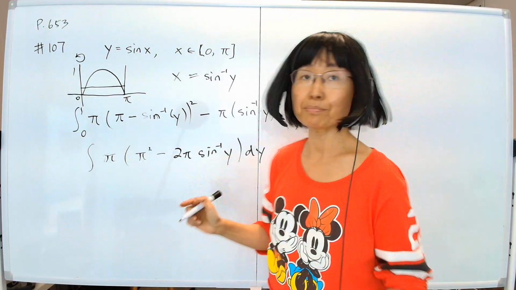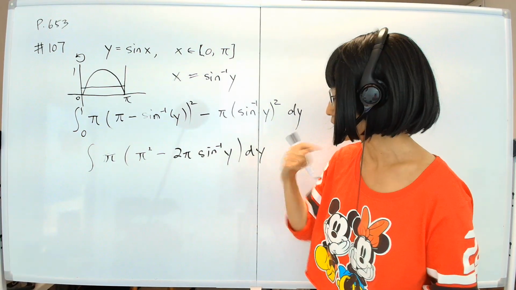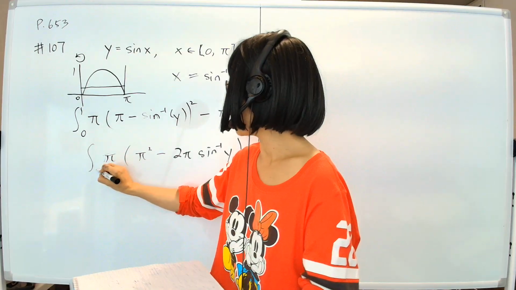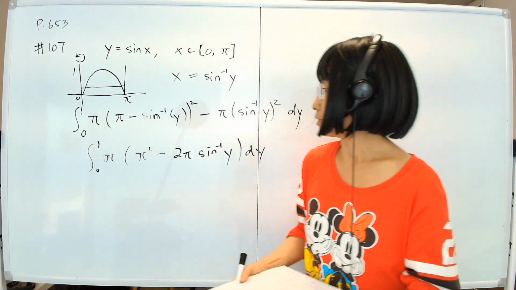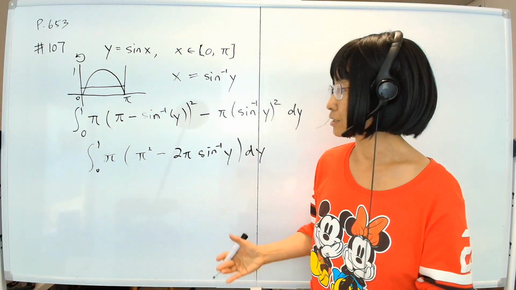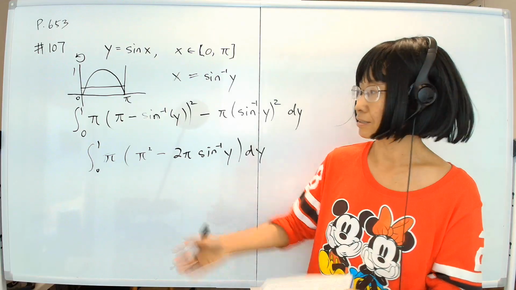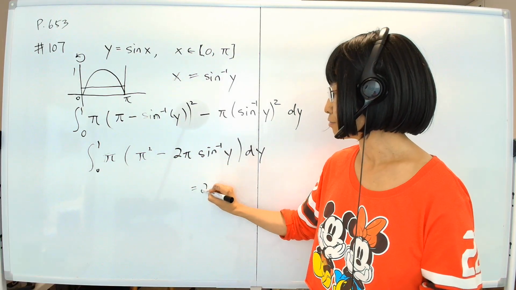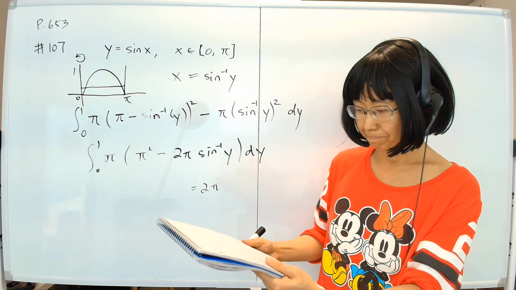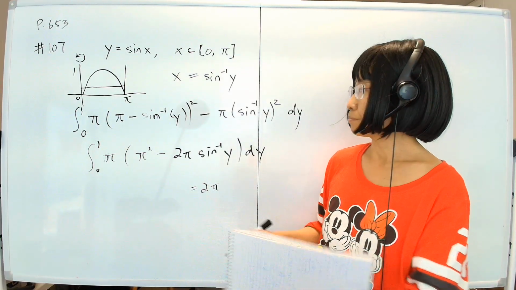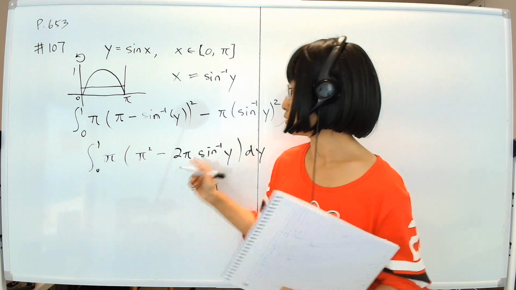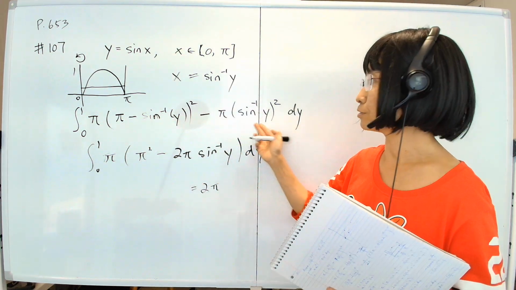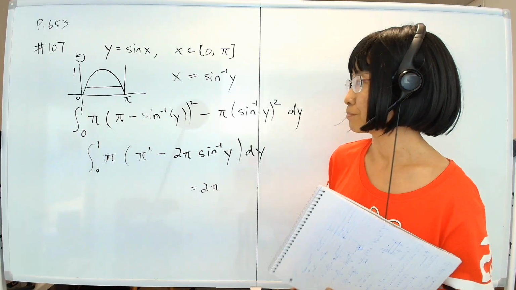And we're still having the problem that we haven't covered the sine inverse yet. So that's all the more I expect you to come up with. There is a formula that you can go after, or you can use a definite integral calculator to eventually come up with the answer, which is 2 pi. But that part is not as important because we're not quite ready for it. What matters is that you figure out how to set up the problem. That's the most important part.